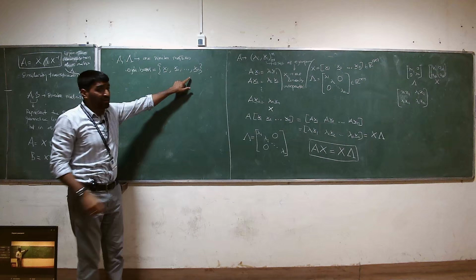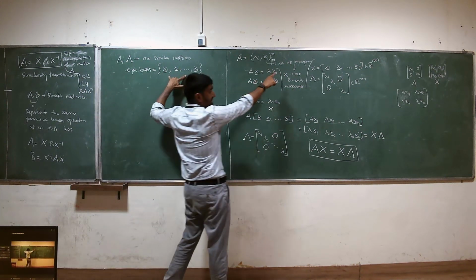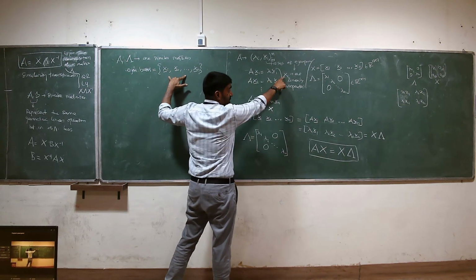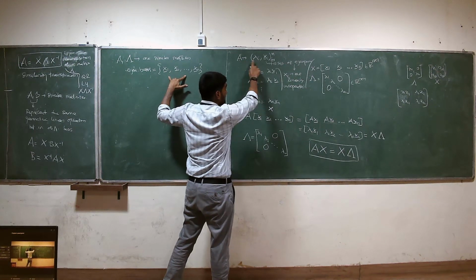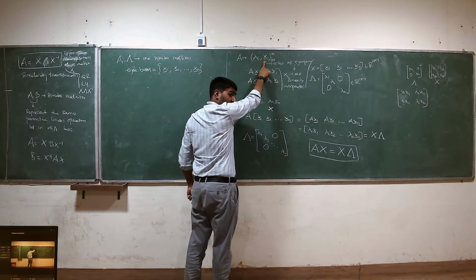This is a basis for Rn because we started by assuming that we are dealing with only matrices that have a full set of eigenpairs. That means all the xi's are linearly independent. Because any n cross n matrix has n eigenvalues, there should be n eigenvectors.